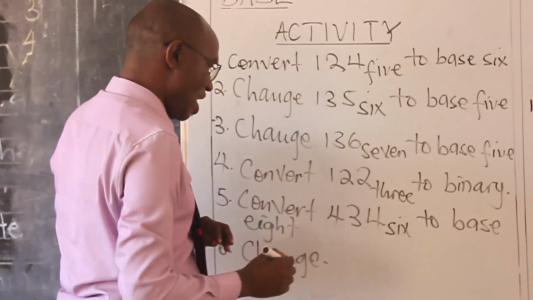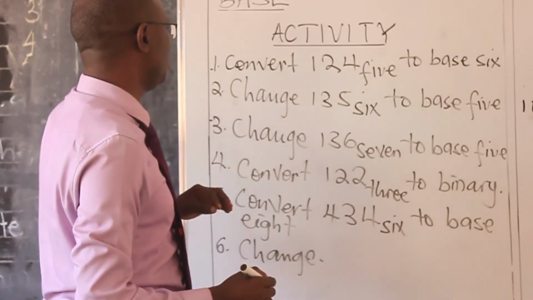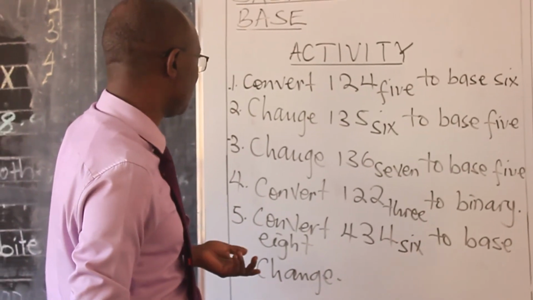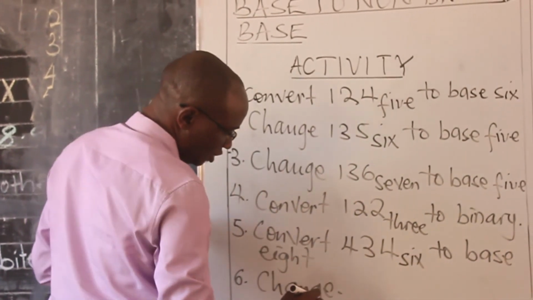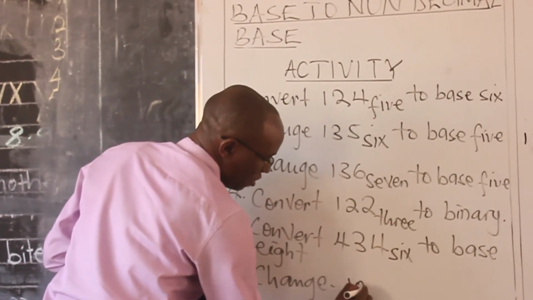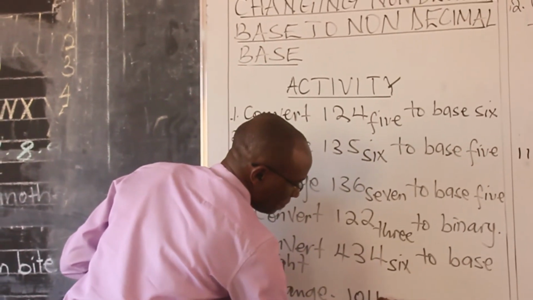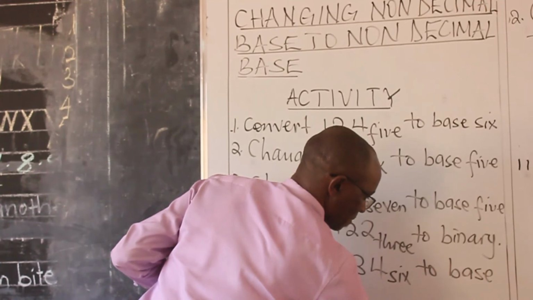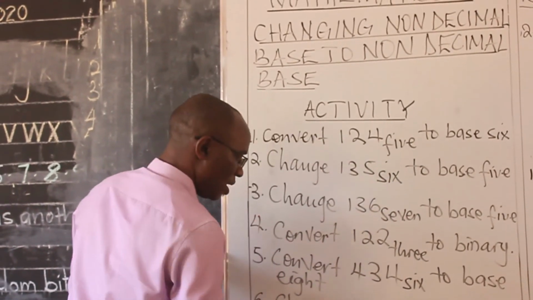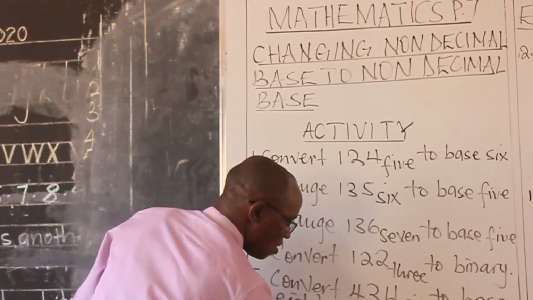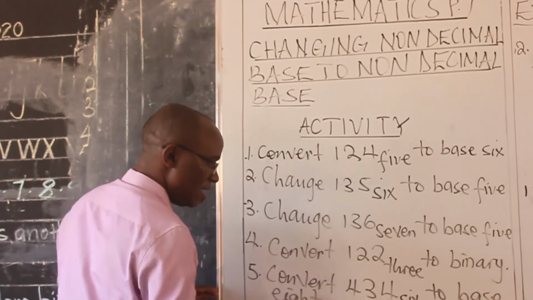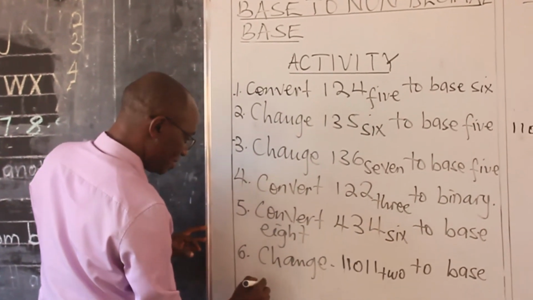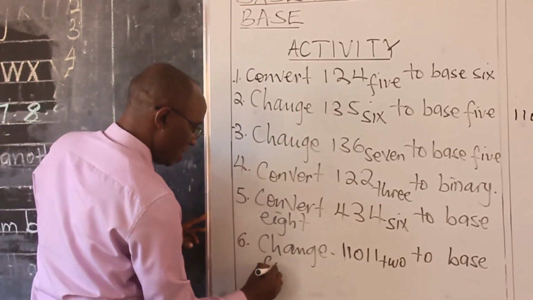And the reason why I'm using the word convert, you should get used to this. It means change. To convert is to change. So change 1011 base 2 and another one here. Change 11011 base 2 to base 4.